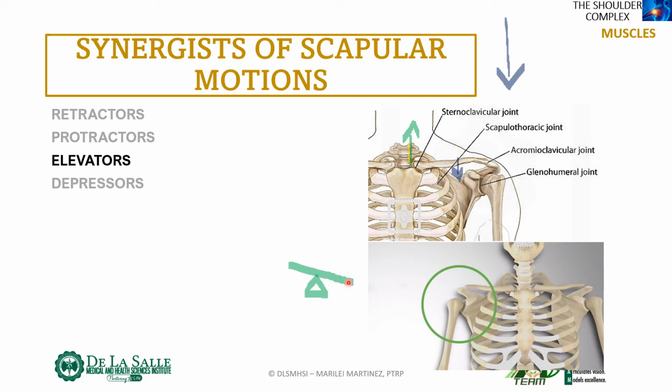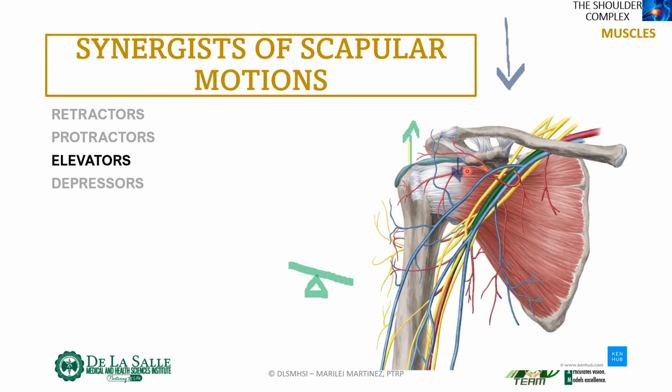Now, the depressed shaft of the clavicle will compress the structures under it, the structures passing in this area. Is that important? Yes, because the structures that pass under the clavicle are your subclavian vessels, so your arteries and veins that are responsible for giving blood supply to your upper extremity, and also part of your brachial plexus, which innervates the muscles of the upper extremity.